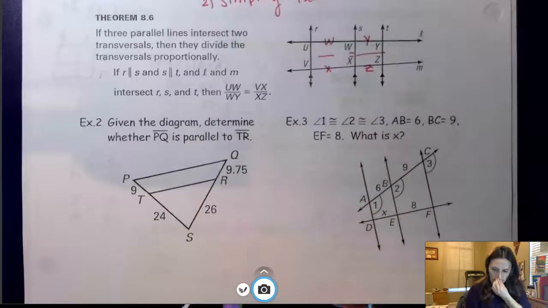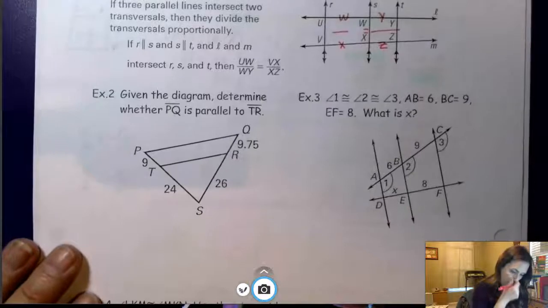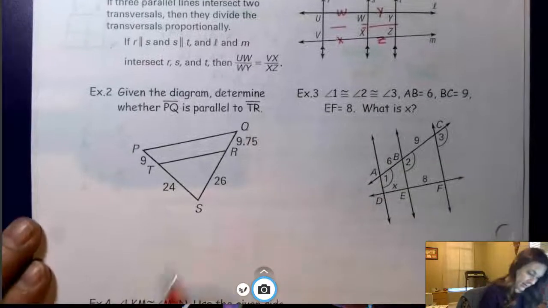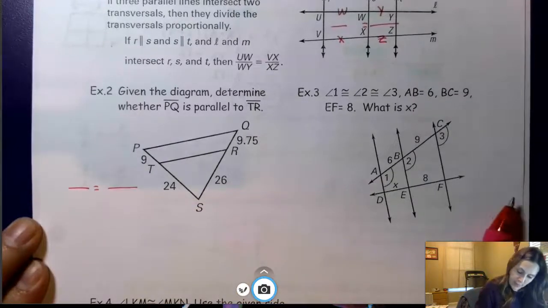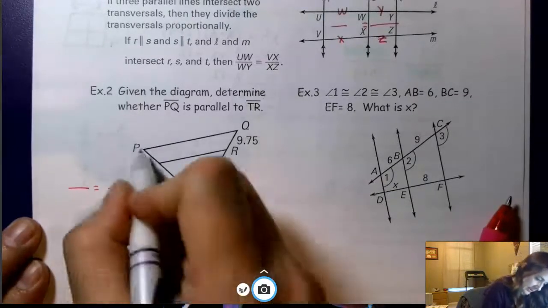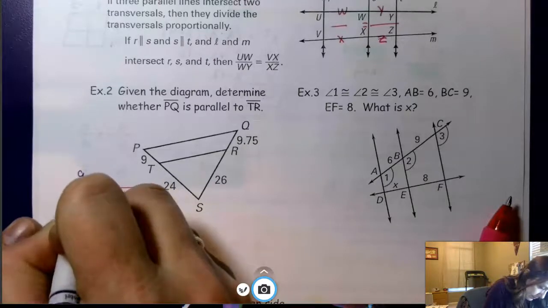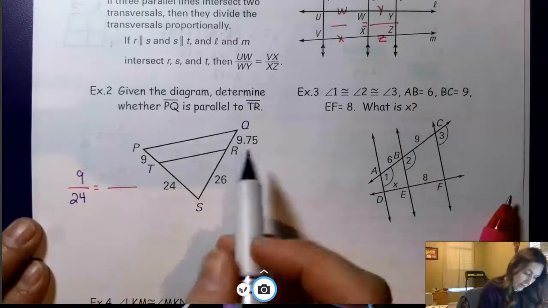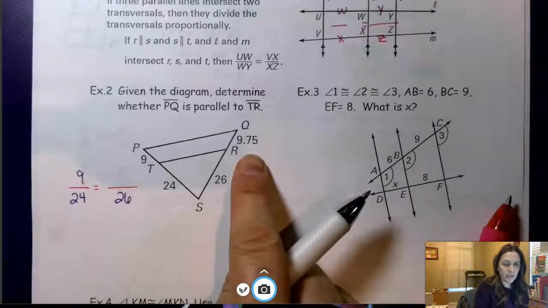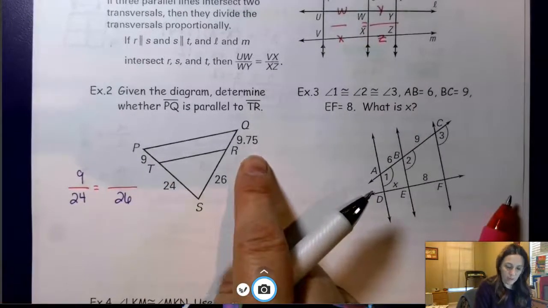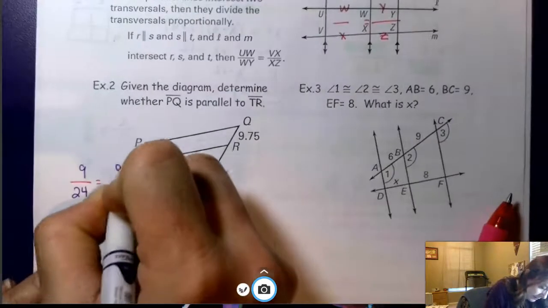Okay, so given this diagram down here, can we set it up? I, looking at this, would probably put 9 over 24, because I can see them here, 9.75 over 26. I don't really like decimals that much. 75 is 3/4. I'm going to write 9 3/4.